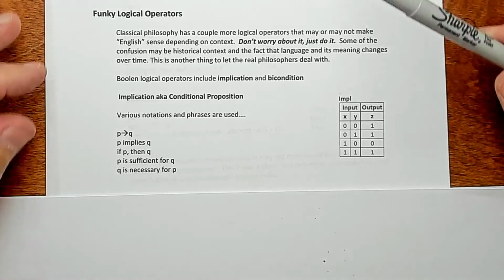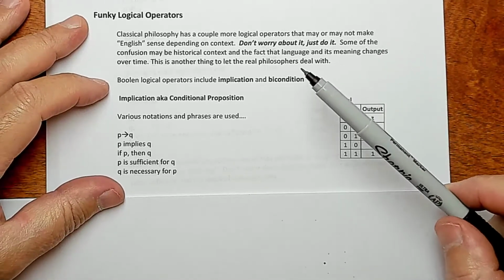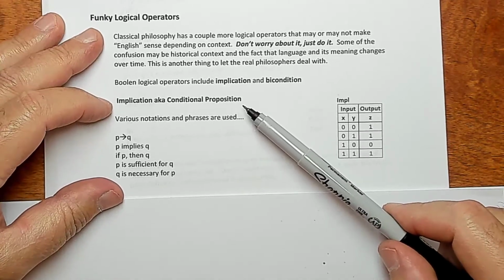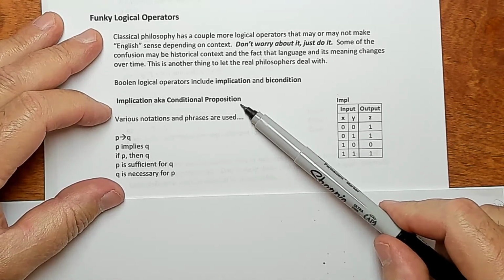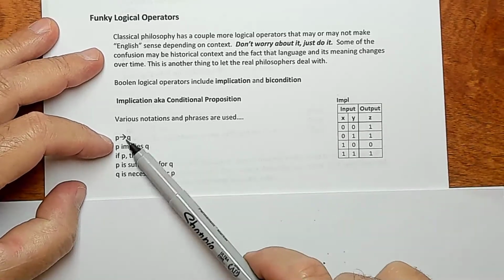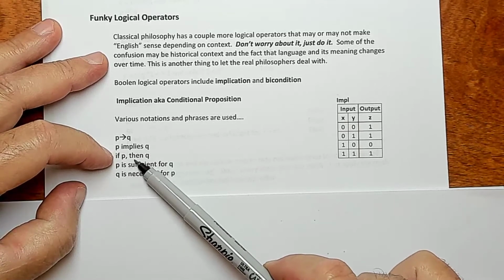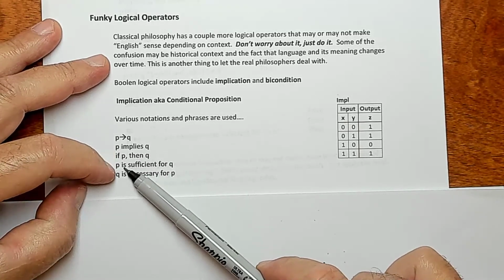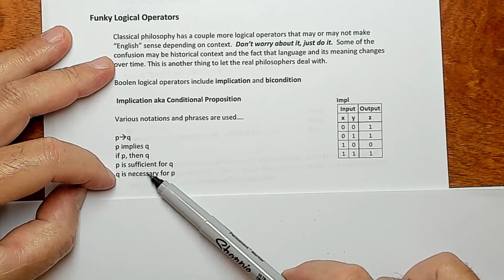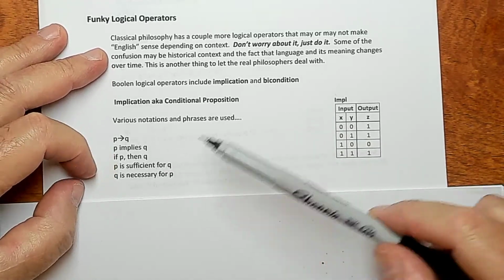But so Mr. Boole, George Boole, had this operator called implication, or what he called conditional proposition. And there are different notations. There's this P arrow Q. There's P implies Q. There's if P, comma, then Q. Sometimes they say P is sufficient for Q, Q is necessary for P. So in certain contexts, this works perfectly, like proof by contradiction.